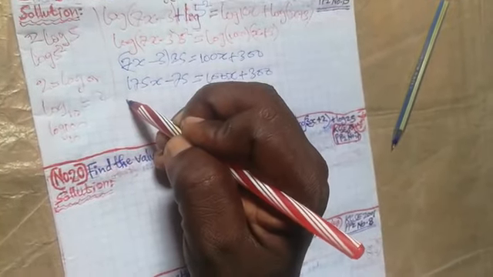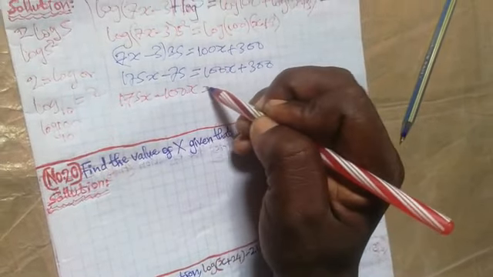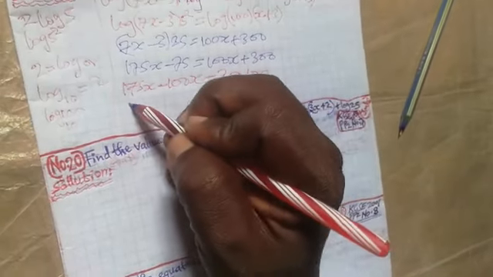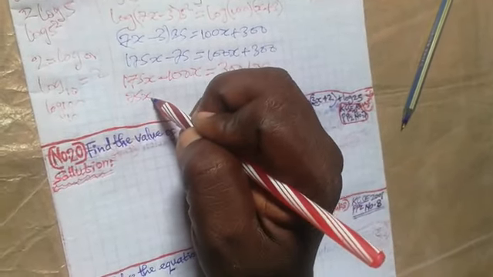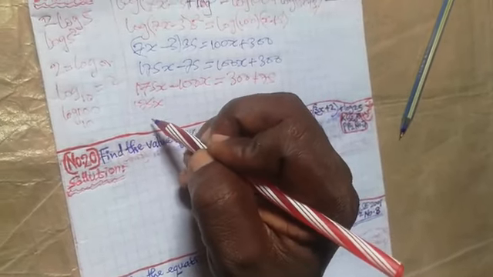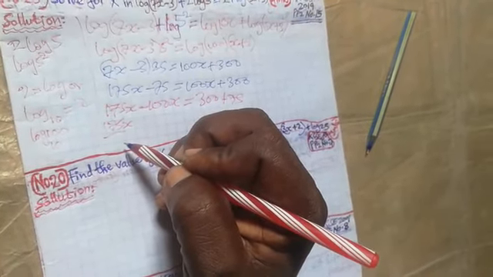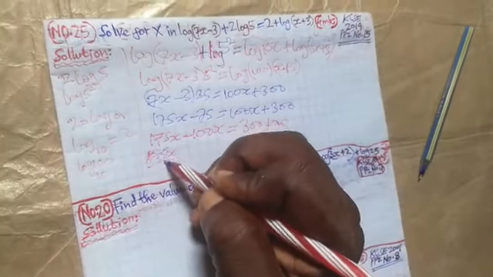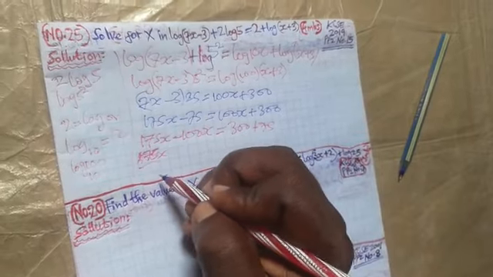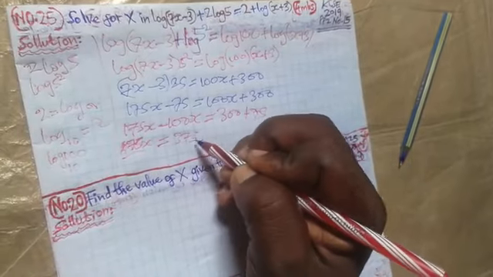Therefore, 175x minus 100x is equal to 300 plus 75. This will give us 75x is equal to 375.